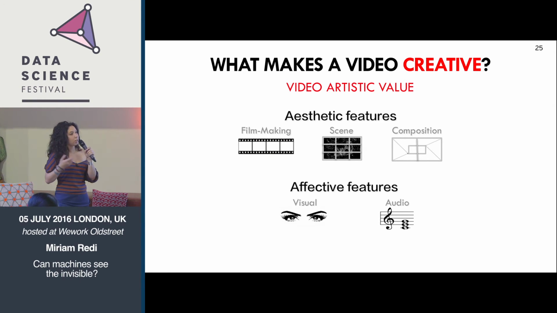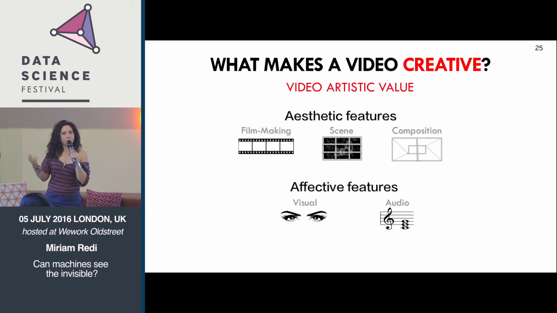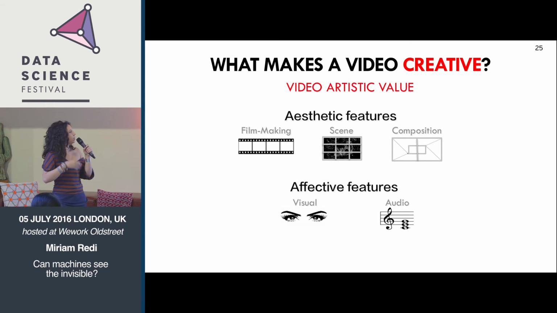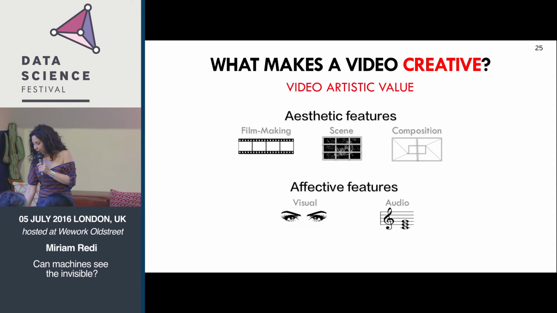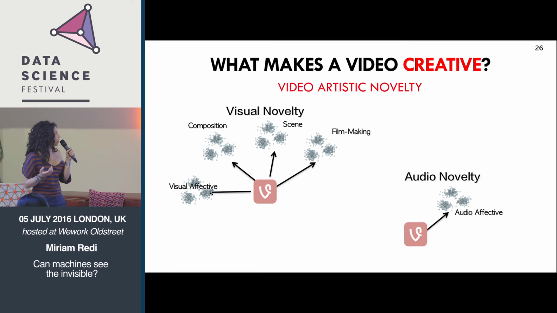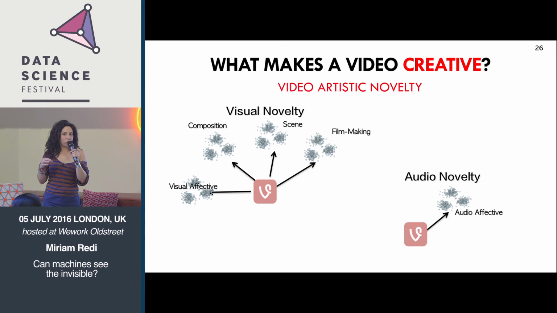For artistic value, we are inspired by literature from filmmaking and photography to design features that can expose some parts of the artistic value. To expose video novelty, basically we detect how much the visual or audio pattern of the video deviates from the general patterns of the videos in the Vine stream.